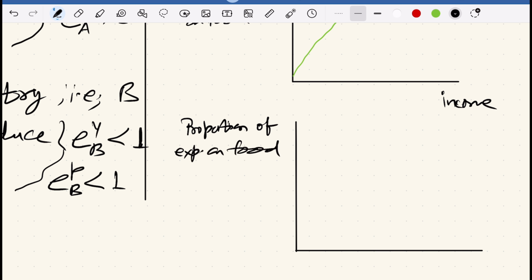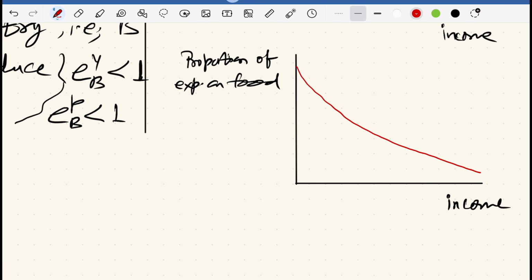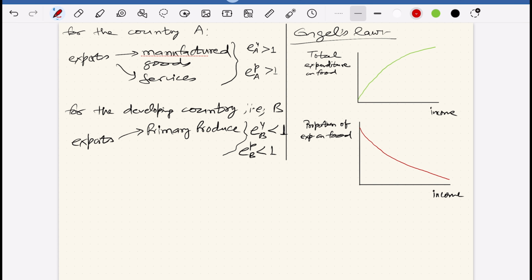Means out of my total budget, what proportion I'm spending on food, versus income. This will have a very clear cut declining trend. So you see that even though I'm increasing my total expenditure on food as income is increasing, the proportion of expenditure on food as a proportion of my total budget, total income, is decreasing. So this is about the food thing.